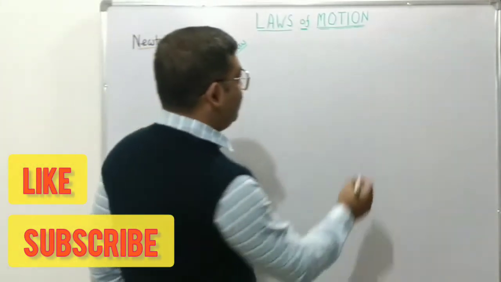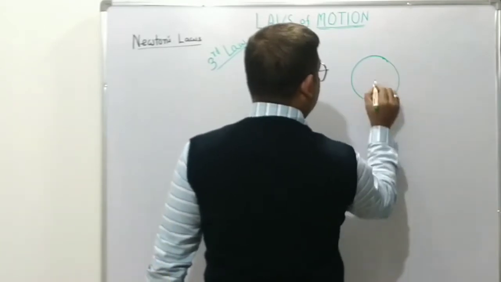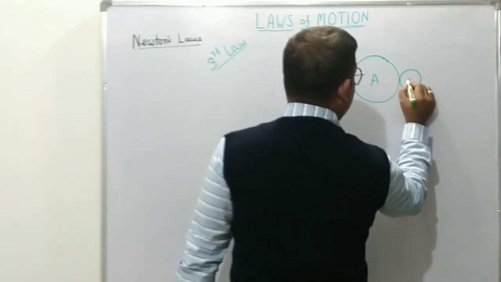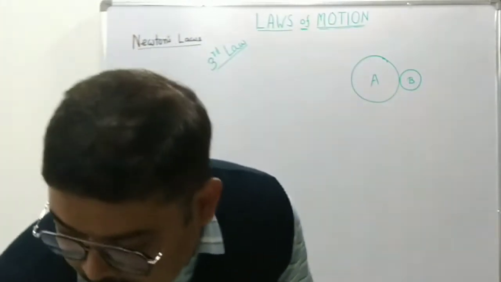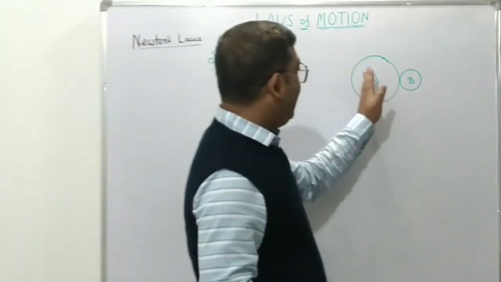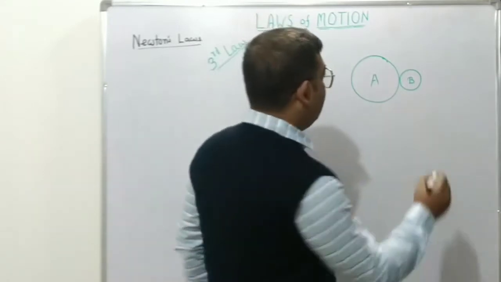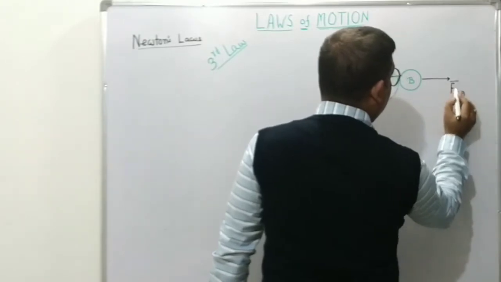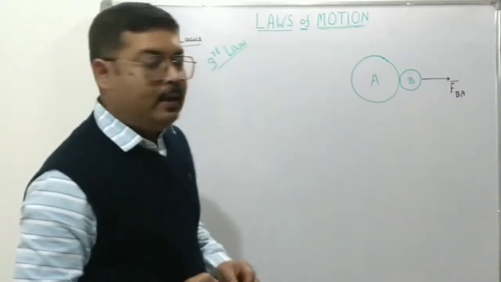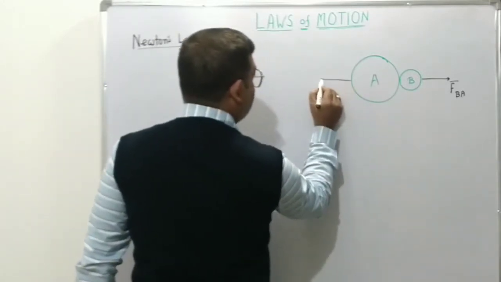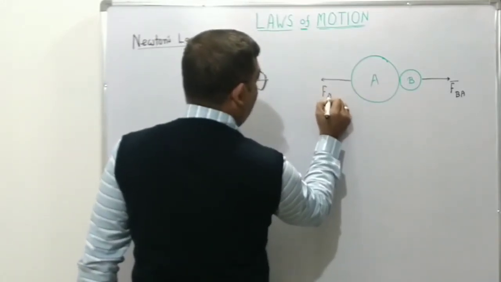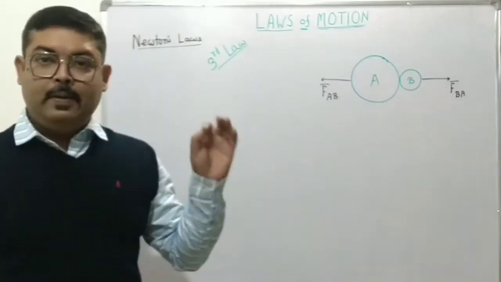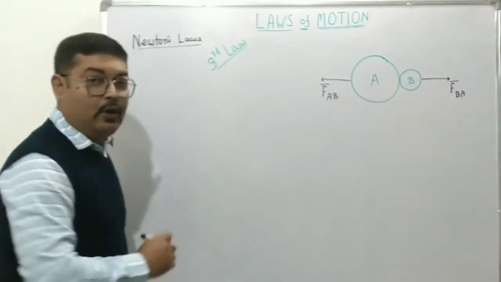So first of all, let's consider an object A and another particle, say B. What it says is that if A exerts a certain amount of force on B, say in this direction, F BA, force on B due to A, then B will also exert a force in the opposite direction, F on A due to B. And these two, by definition of the third law of motion, are equal and opposite.